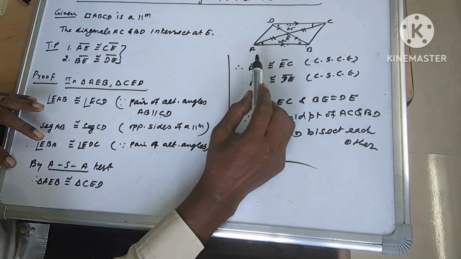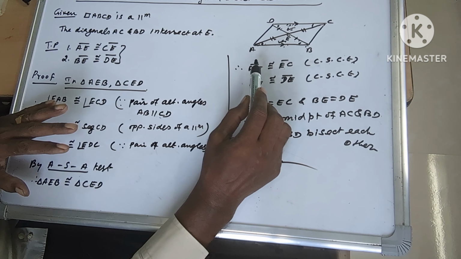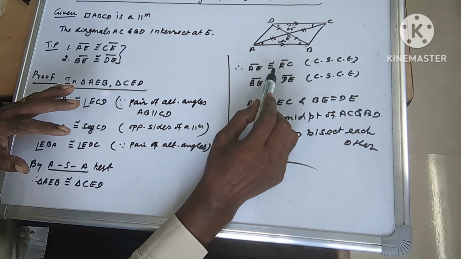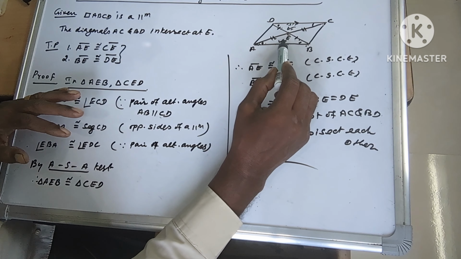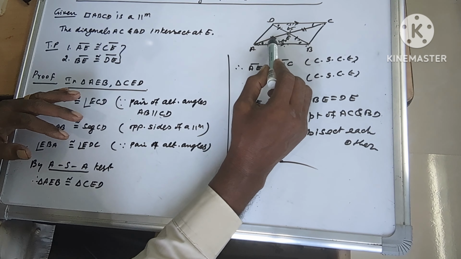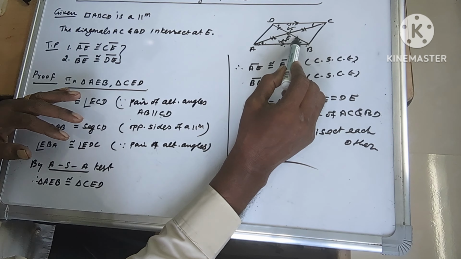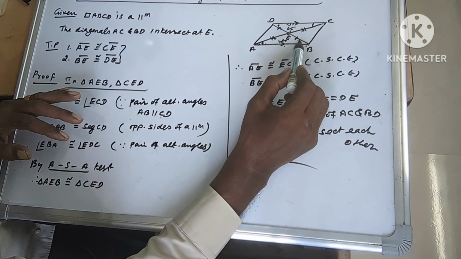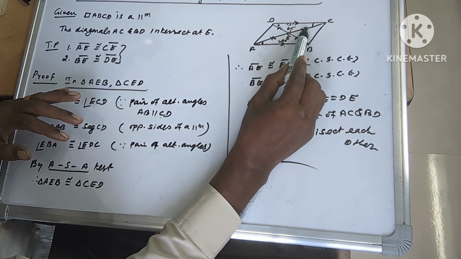Once you finish the triangle congruence, then you have to say the corresponding sides. What are the corresponding sides? In these two triangles, this side is opposite to the single dot, and here the dot, opposite this one.